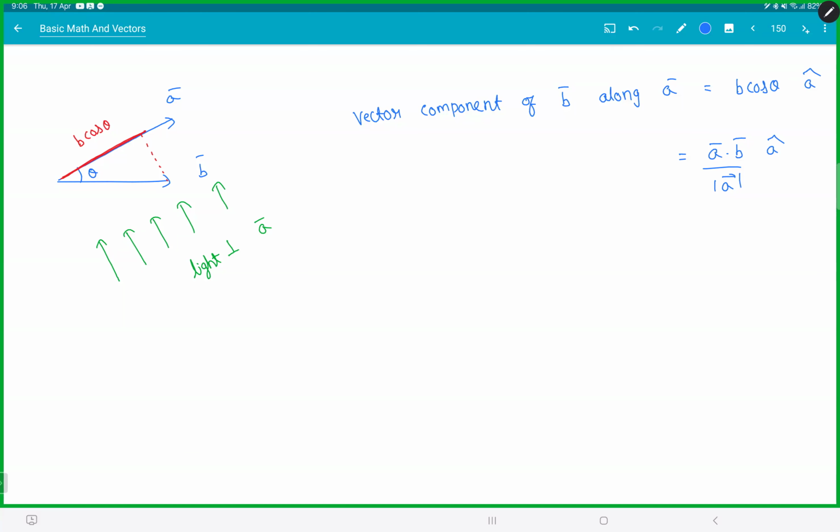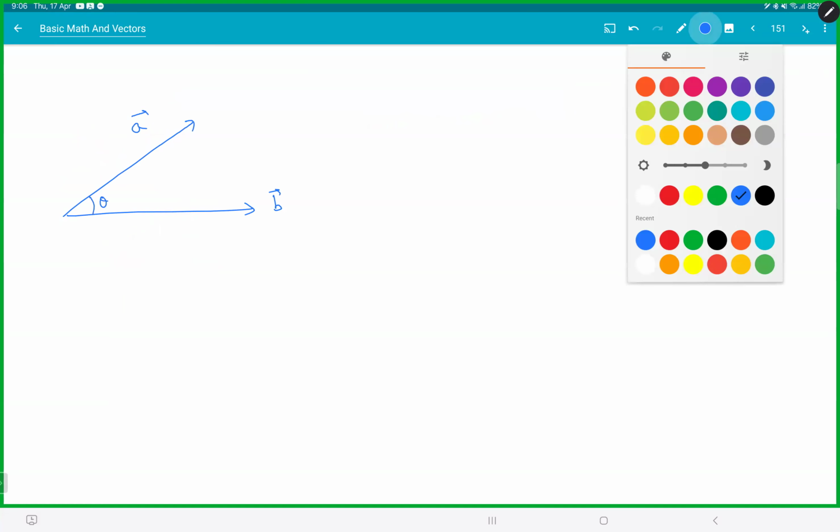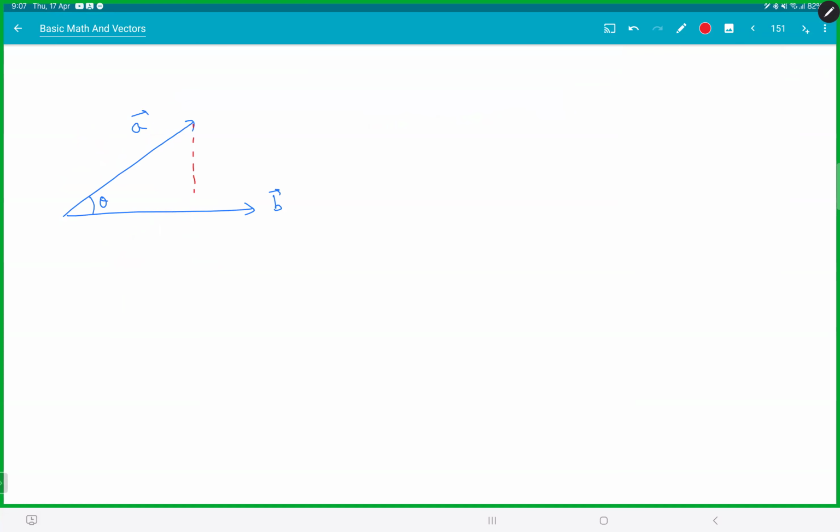This is fine. Now there's one more thing. Say this is a bar, this is b bar, and this is theta. So when you drop the shadow here, this is the parallel vector and this is a perpendicular vector.